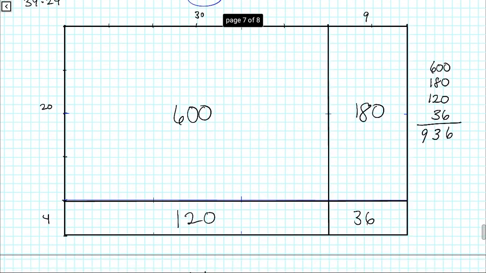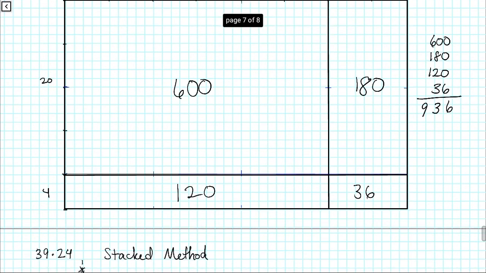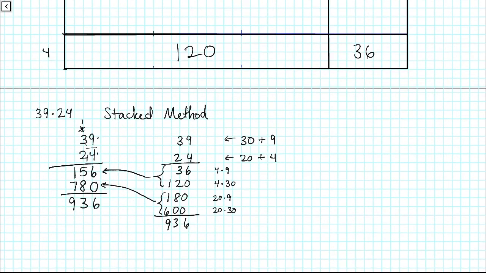So here was the 20 times 30, here was the 20 times 9, here's the 4 times 30, and here's the 4 times 9. This is backwards from the way that we did it in the stacked version. For the stacked version, we started over here, but you don't actually have to start on the right side or the left side. You can start in any way you want.